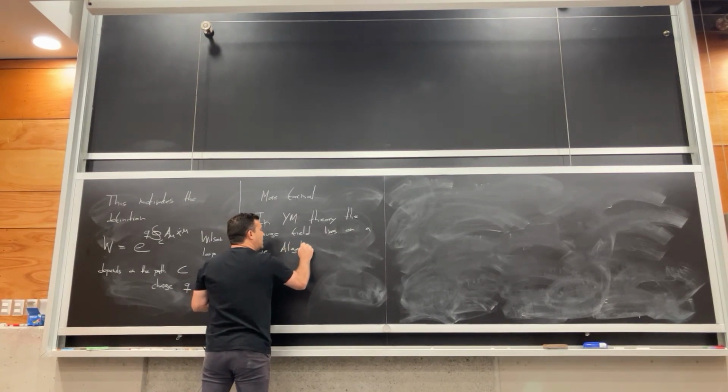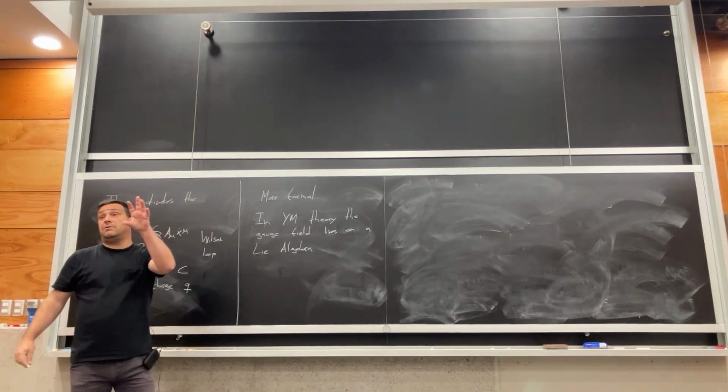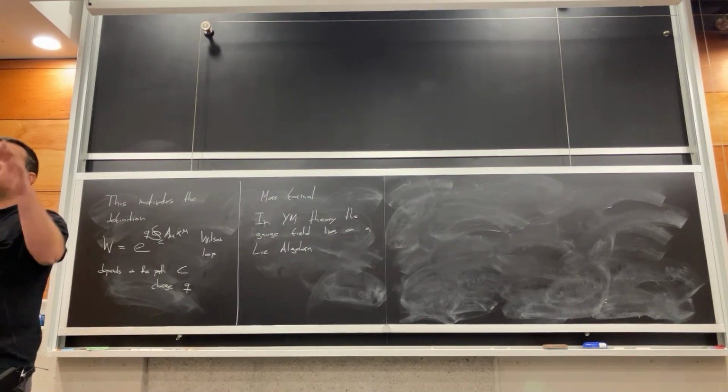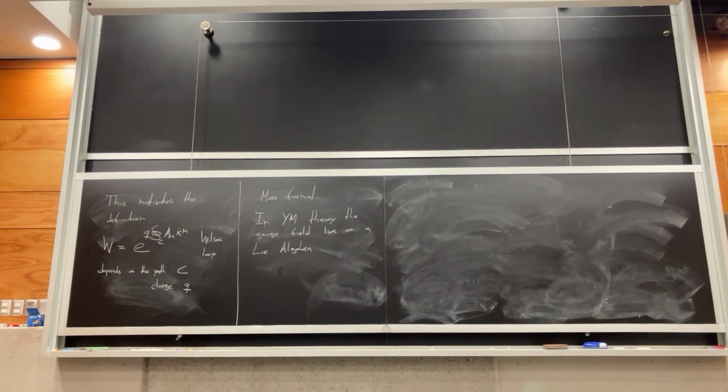So the example we have in mind this whole time is SU(N). Actually SU(2) if you want, just to make things very concrete.